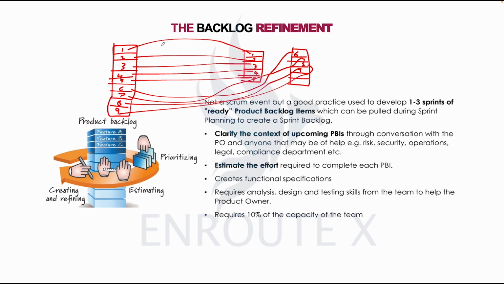So let's see from here. Planning. We say it's not a Scrum event, but a good practice used to develop 1 to 3 sprints of ready product backlog items which are pulled during sprint planning to create the sprint backlog.